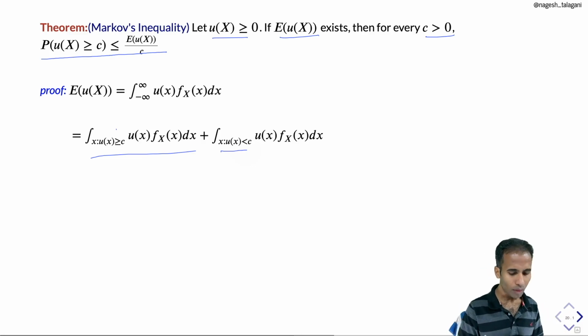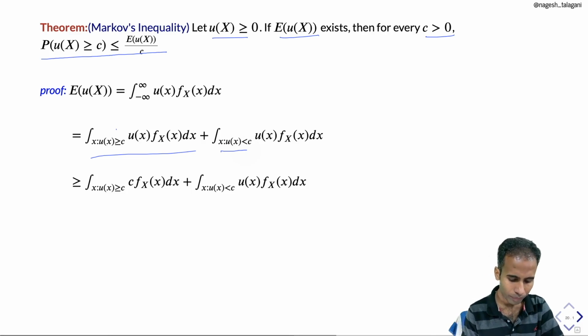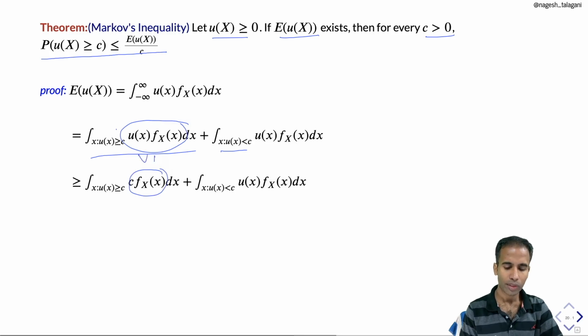Fine. Now next we can write this inequality like this. The reason is, in this range of integration, u(x) is greater than or equal to c, so this integrand will always be bigger than or equal to this integrand. So this integral will be bigger than or equal to this integral. Now this other one is as it is.